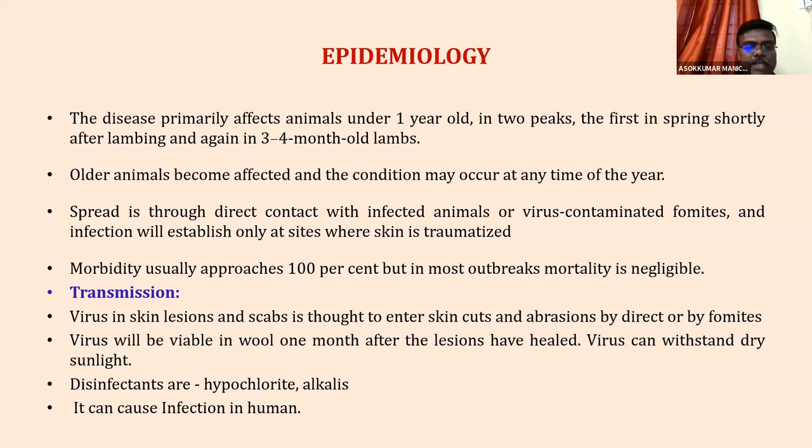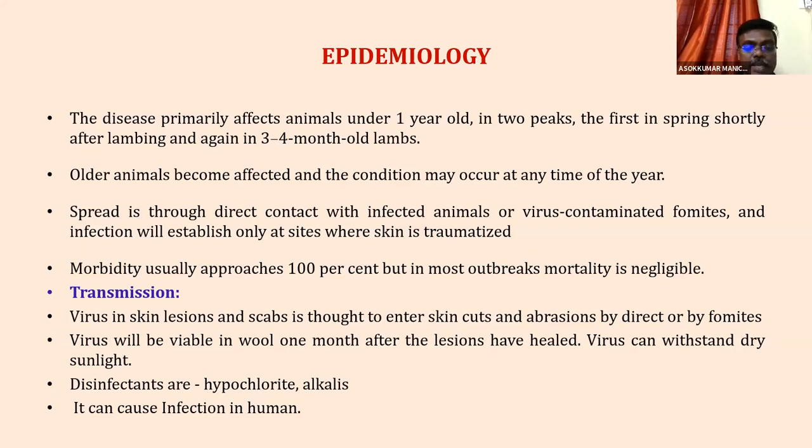The infection will establish only at sites where the skin is traumatized, like lacerated wounds. Sheep have the habit of close grazing, so when there is a laceration from short plants, the virus easily infects the epithelial cells. Growing epithelial cells are very much attracted by this virus.